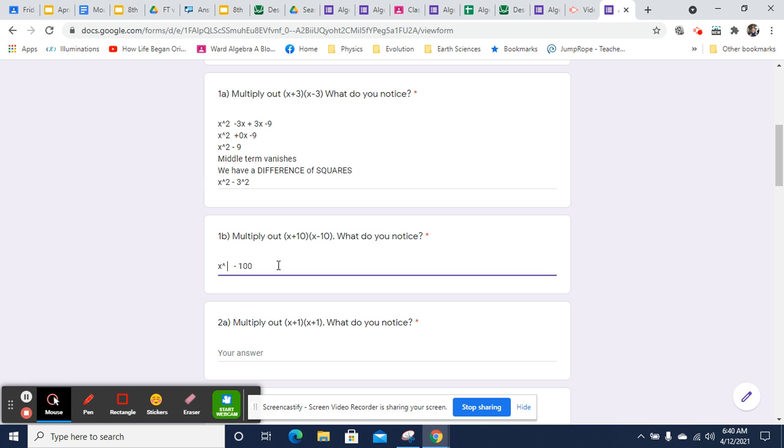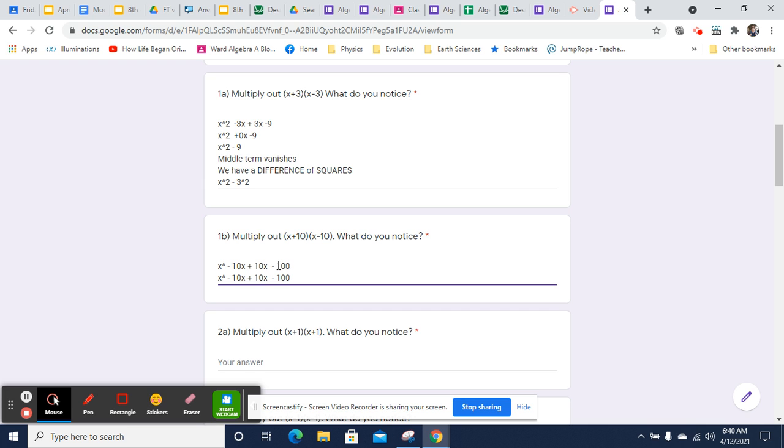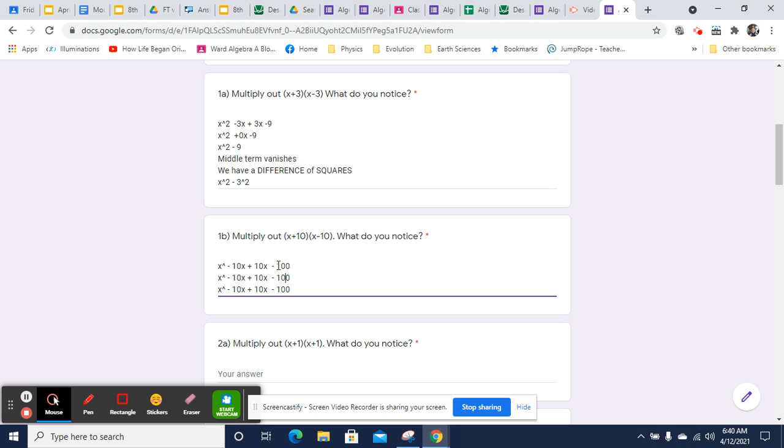Then we're going to get a negative 10x and a positive 10x, and that's going to cancel each other out. So that's just going to be a plus 0x in the middle, and we don't need to write it.